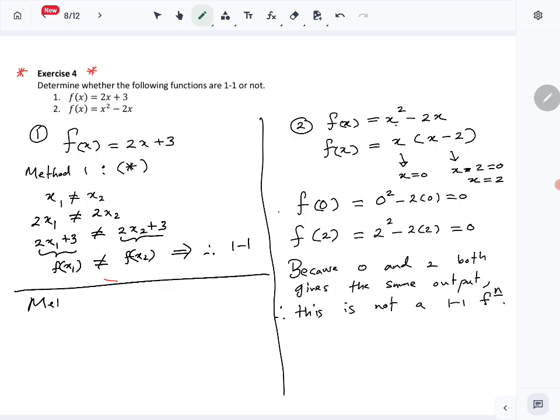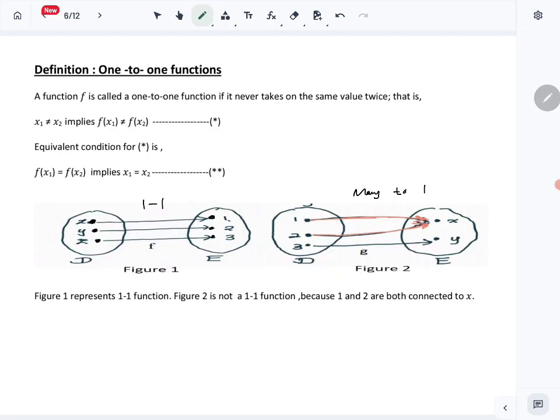So that is using the first condition. You can do the question using the second condition also. We start with this now: function value of x1 is equal to function value of x2, and we have to show x1 equals x2.